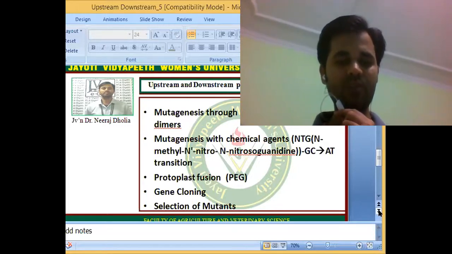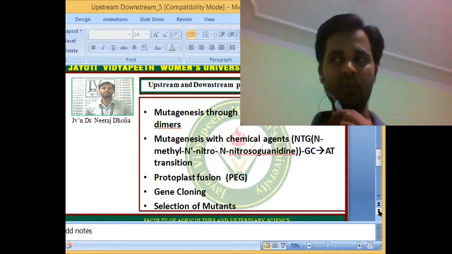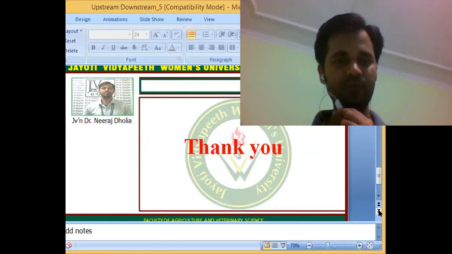Then selection of mutants is also an important factor in strain improvement, because you create many mutants, but you have to select the right mutant from the number of mutants you created. So selection of the right mutant is an important process. For that we use selectable markers, and we use selective media for that purpose.